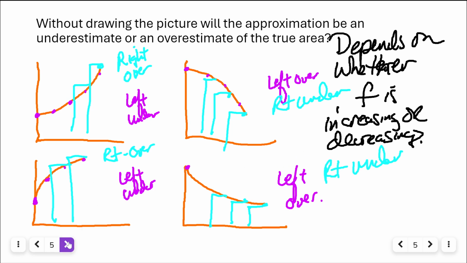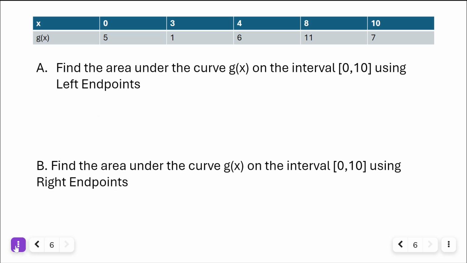All right? Okay, finally, this is what you're going to see often in this course. Not necessarily doing it with functions all the time, although you could. There's nothing wrong with it, but we tend to do it in charts. Here's a chart with x values and g of x.